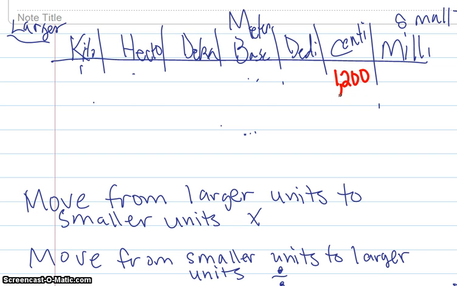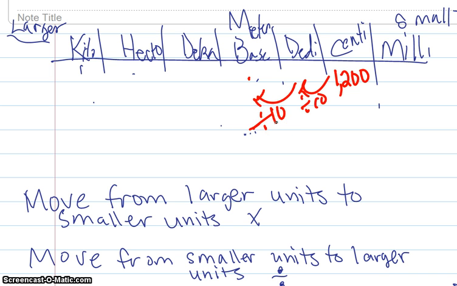I want to know how many meters that would be. So that means I have to divide by 10, because when I'm moving from a smaller unit to a larger unit, I divide by 10. And I divide by 10 again.